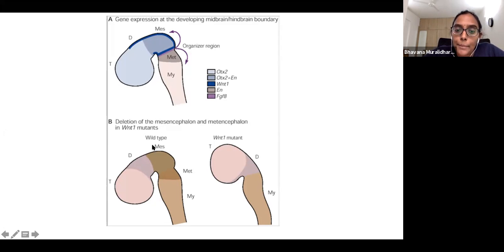And what really happens is in the deletion mutant of Wnt1, you get a deletion of both the mesencephalon and the metencephalon, which goes on to form midbrain and hindbrain. So important. What this shows is that these organizer regions, which are formed at the boundaries, are very important to pattern on either side of the developing neural tube.